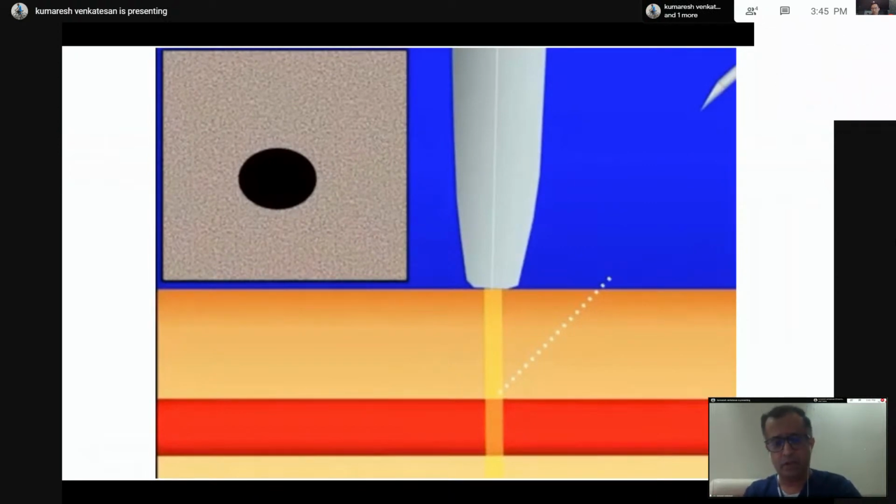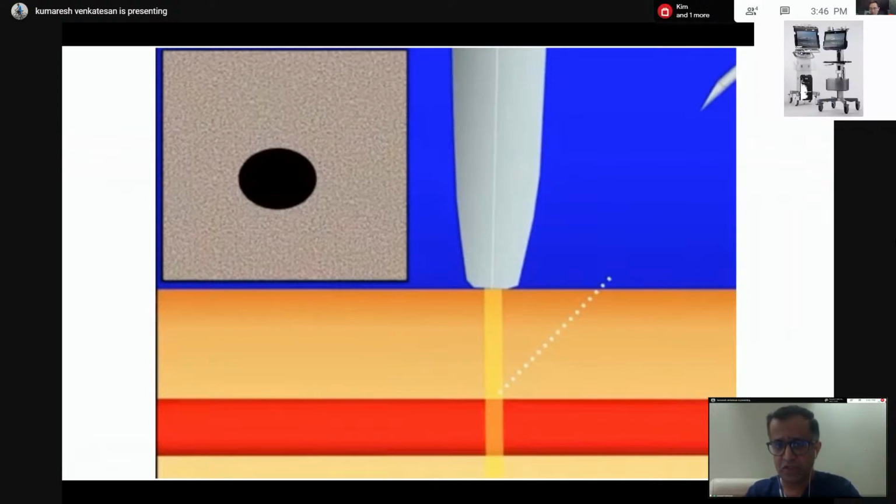Okay, just an illustration, some animation to show how to manipulate the transducer when you're advancing the needle. On the left of the screen, you have this simulated ultrasound screen, and we are using a short axis view, so the probe is looking at the vessel.